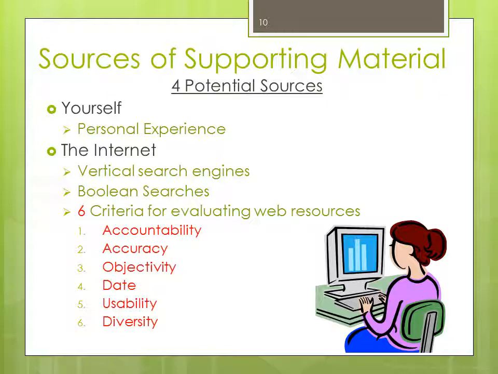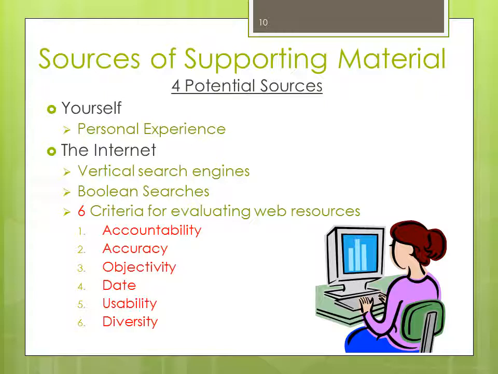A Boolean search is a web search that ties words together so that a search engine can hunt for resulting phrases. And there are six criteria for evaluating web sources. The first one, accountability. You can ask yourself who is responsible for the website. Accuracy, you can ask yourself if the information is correct.